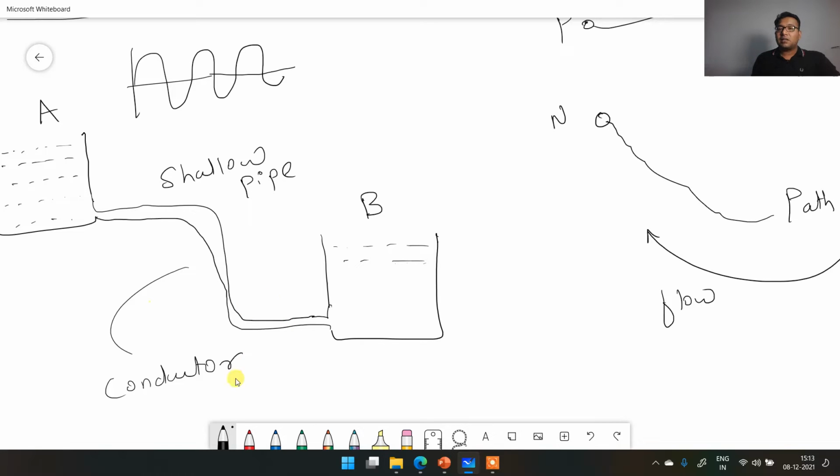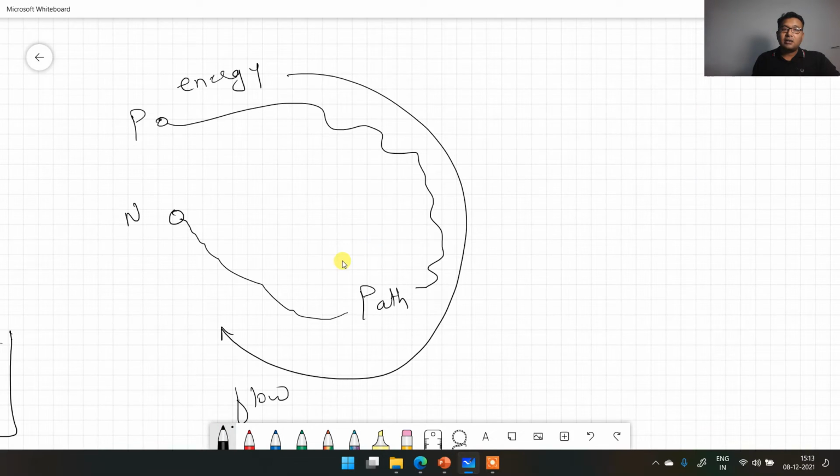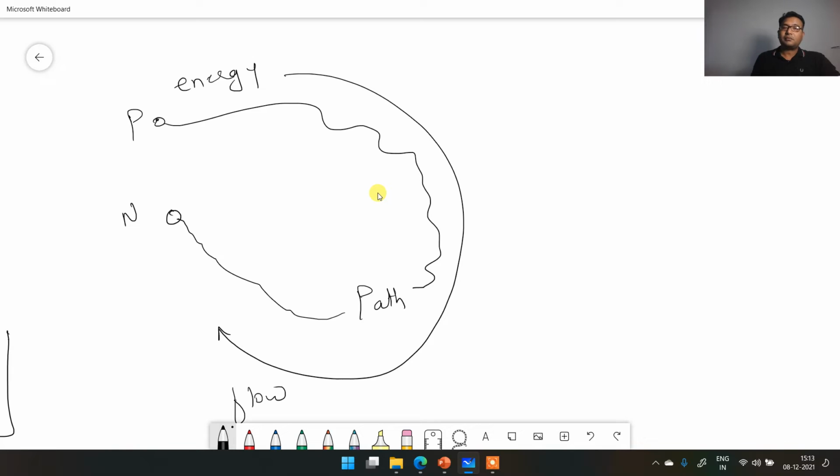In a similar way, we also need a conductor for this energy to flow. And regardless of whether you have AC or DC, the conductors of electricity are metals. All metals are good conductors of electricity, but those which are very good at conducting electricity and are relatively cheaper, and most popularly used, are copper and aluminium.